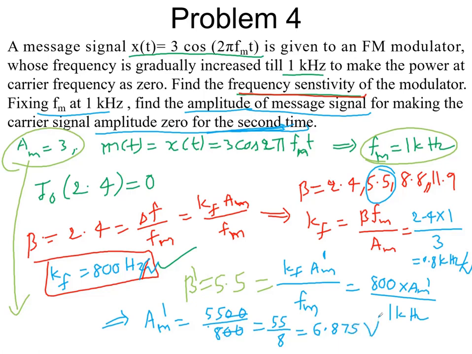That is in terms of volts, your new amplitude of the message, 6.875. This is how you need to arrive at the solution.